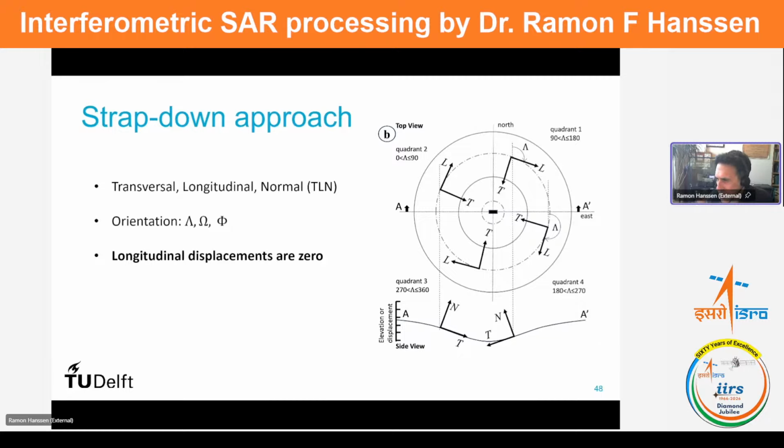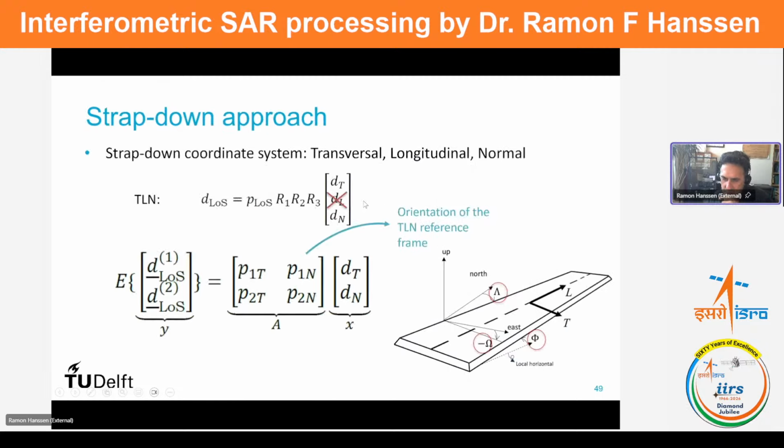Just as a background, the strap-down terminology comes from inertial navigation, where we have a sensor on a car, for example, and the car changes position. So there also the coordinate system changes all the time. So we call this a strap-down approach. Now, the consequence of this is that the longitudinal displacements are assumed to be zero. And again, with uncertainty that I will express in a minute.